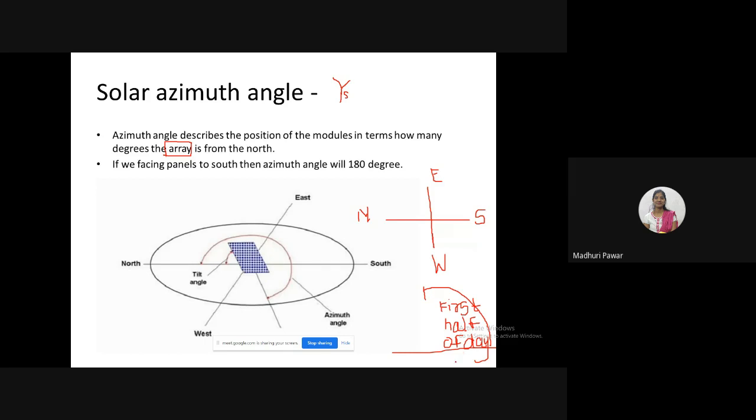When solar radiations are coming up to the first half of the day, we keep our solar panel surface towards the east, because the sun rises in the morning, that means from 6 a.m. From that sun rising period up to half of the day, the sun will fall towards the solar panels.